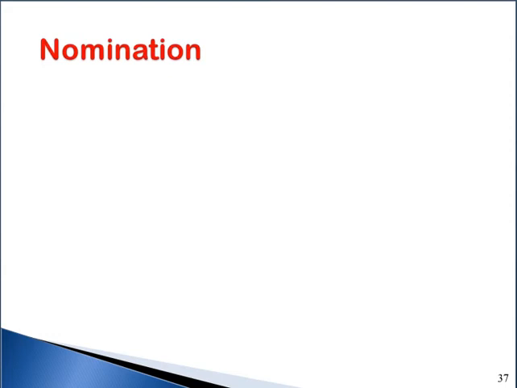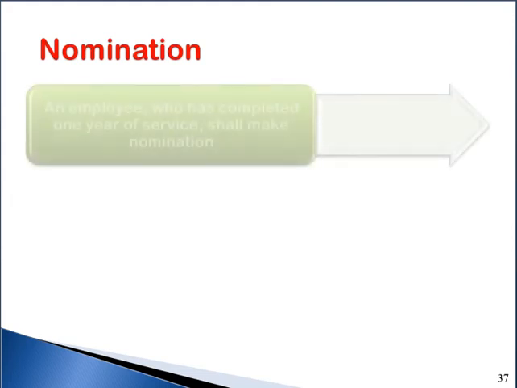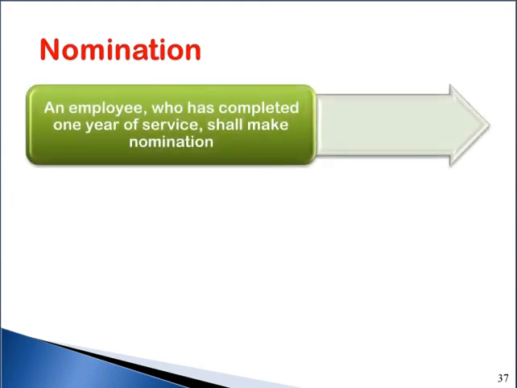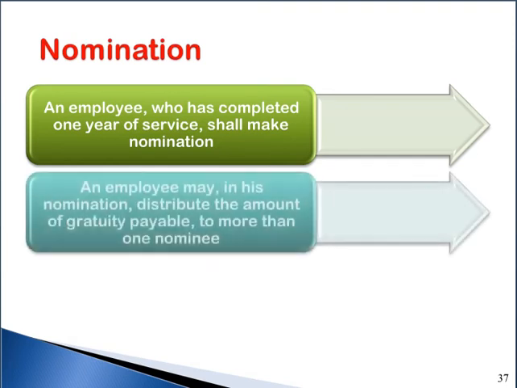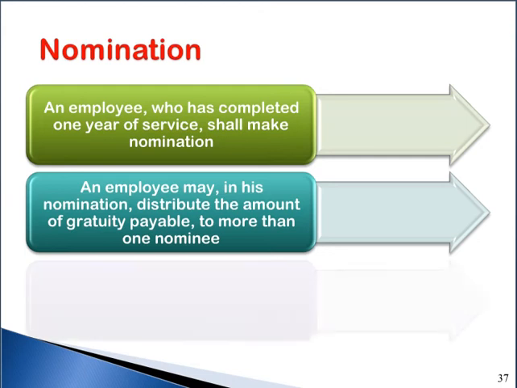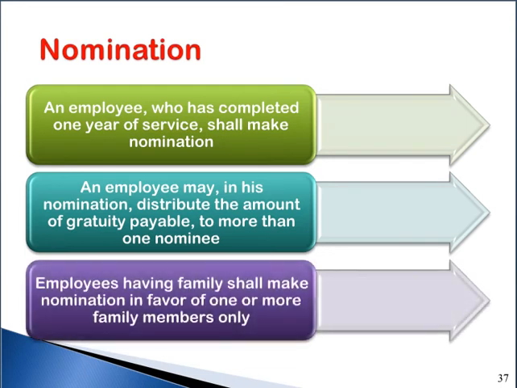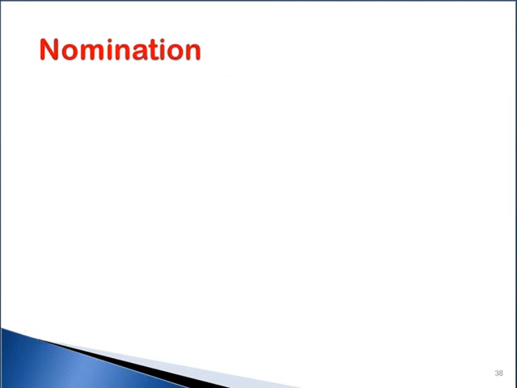The next important provision in the Act is the facility of nomination provided. The Act specifies that an employee who has completed 1 year of service shall make nomination. An employee may, in his nomination, distribute the amount of gratuity payable to more than one nominee. Employees having family shall make nomination in favor of one or more family members only.